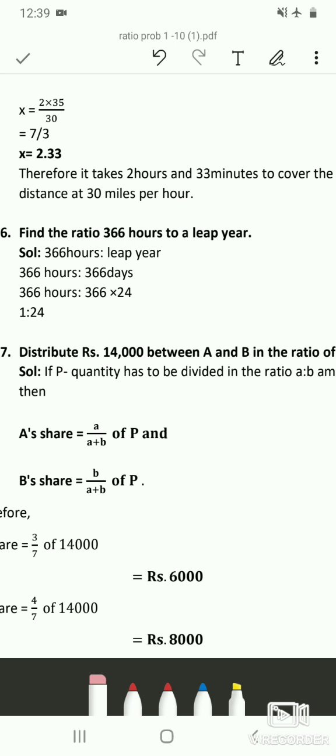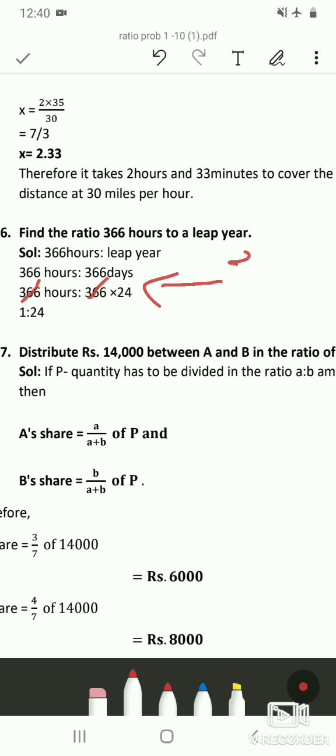So the next step is 366 days is equal to 366 into 24 hours, because in one day we have 24 hours. So now the given quantities are of the same kind, you can take the proportion. We know that a ratio can be expressed in terms of a fraction.